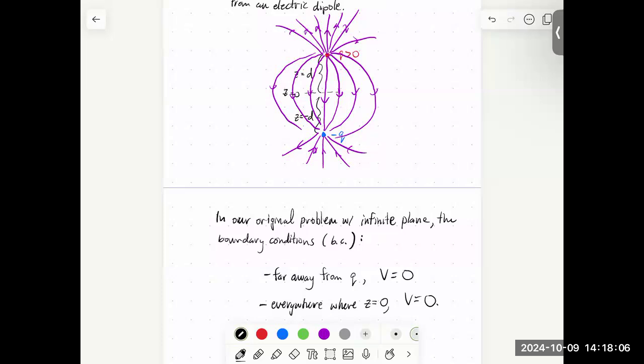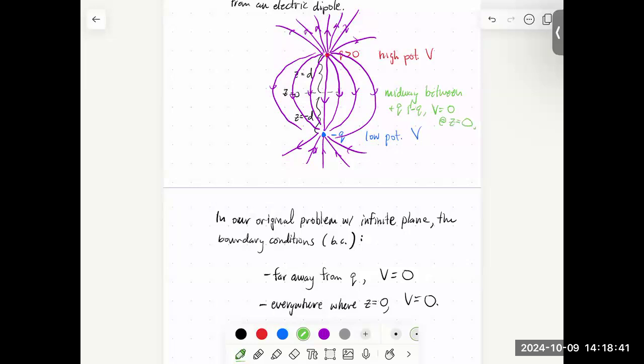Close to the positive charge, we're going to have high potential V. Close to the negative charge, I don't really care about what happens in this Z less than 0 region, but just to make the point, we have low potential near the negative charge, and midway between plus Q and minus Q, V equals 0 at Z equals 0.